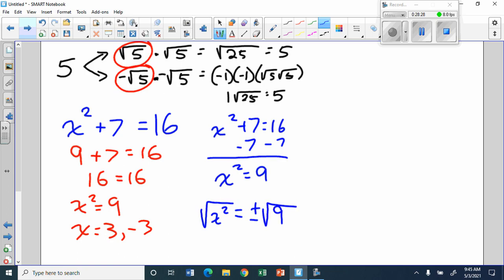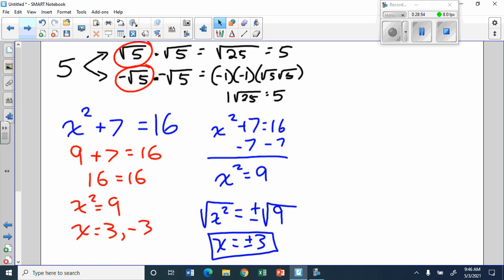When I do the square root of an x squared, I bring over a plus and minus. So x equals plus or minus 3, because there's 2 values it could be.